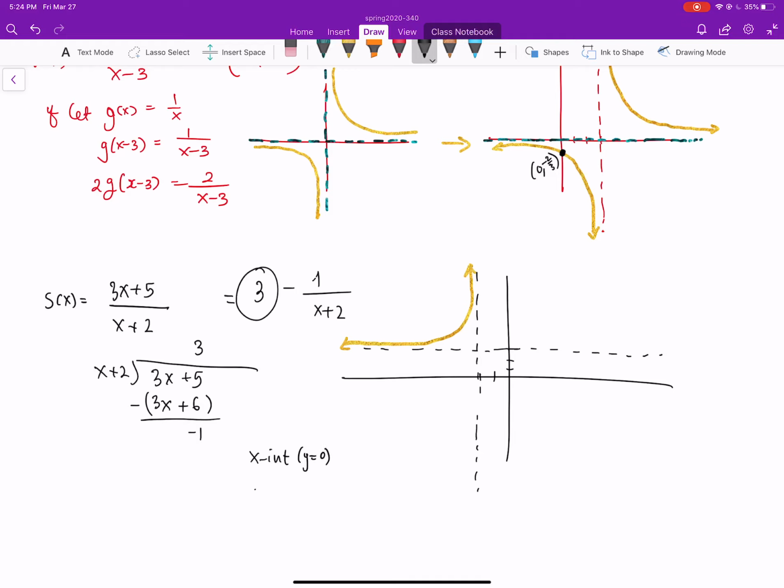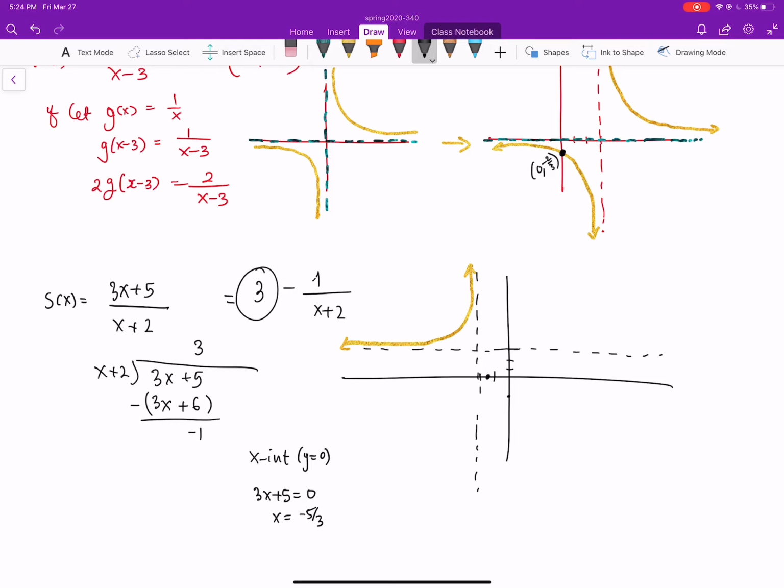Just looking at the numerator, 3x plus 5 is equal to 0. x is equal to negative 5 over 3. So I know that it needs to be somewhere here. Negative 5 over 3 is a little bit after 1. So let's put it right over there.